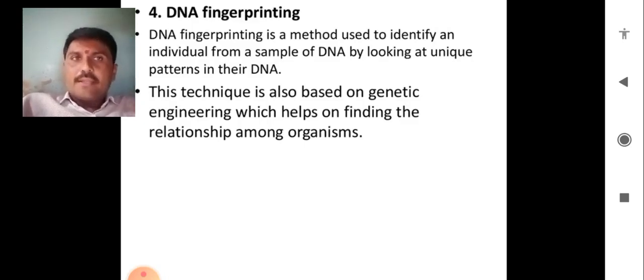Well, I repeat, DNA fingerprinting is a method used to identify an individual, an organism, from a sample of DNA by looking at unique patterns in their DNA. This technique is also based on genetic engineering, which helps in finding the relationship among organisms.